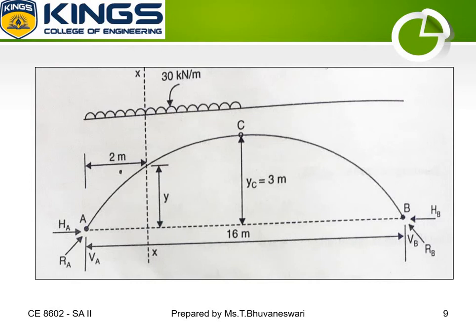So we have to represent that UDL in the left half of the span. And then here I have represented Y at a distance of 2 meter from the left support, because in this problem they are asking to find out the radial shear, normal thrust and bending moment from the left support, which means from A at 2 meter. So that's what I represented here.